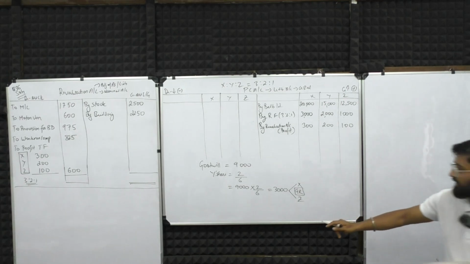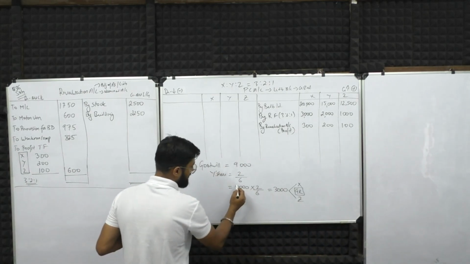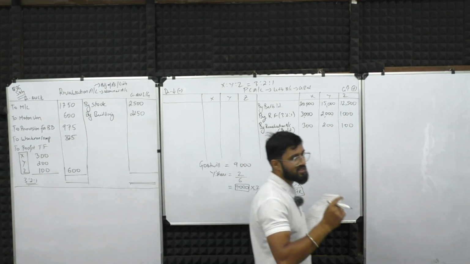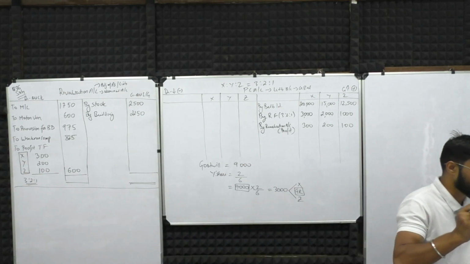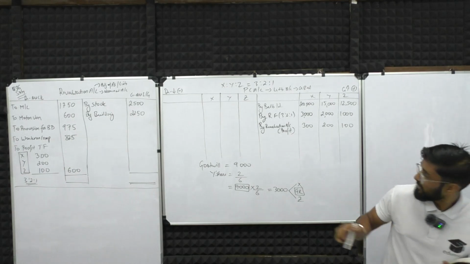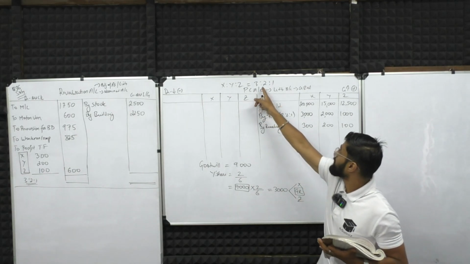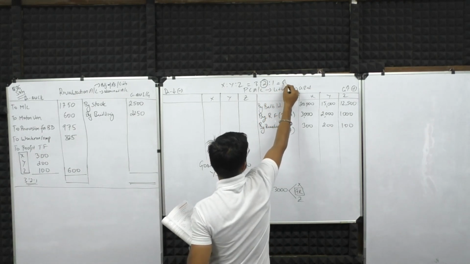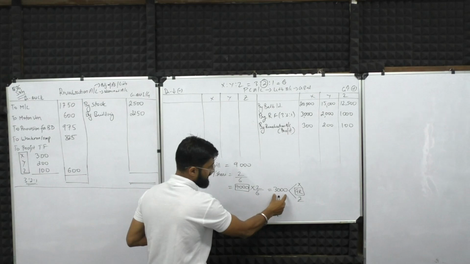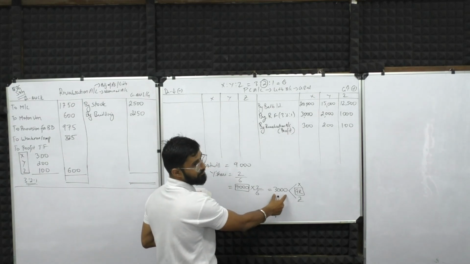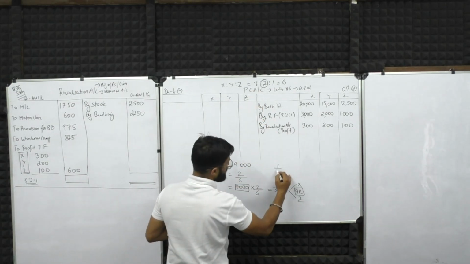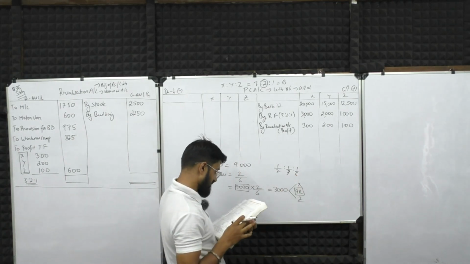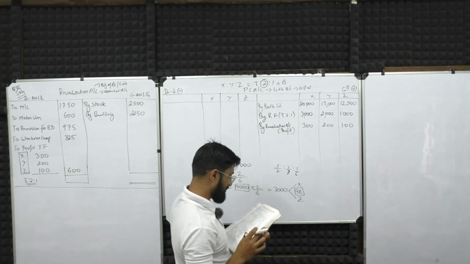Goodwill of the firm is the total goodwill, the business goodwill account. The retiring partner is Y, and Y's share is 2 by 6, which is 3,000. The old ratio is 1 by 2, 1 by 3, 1 by 6.